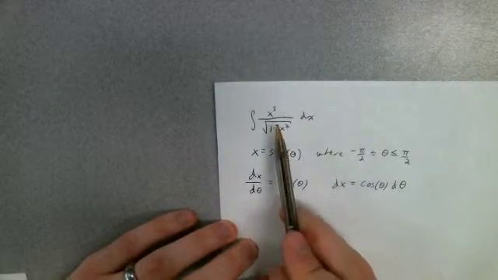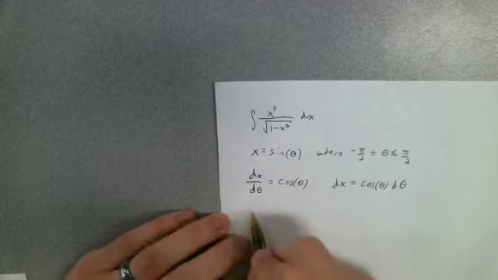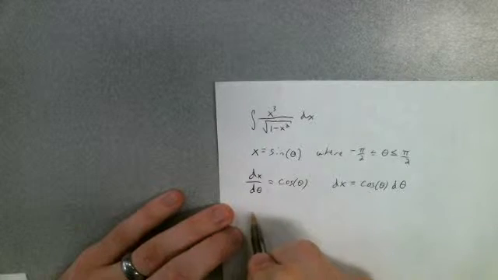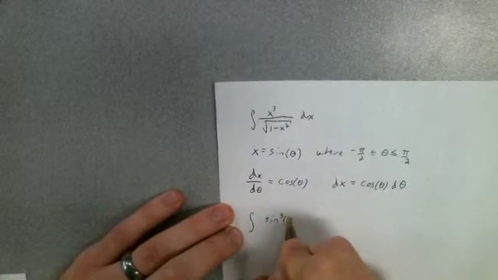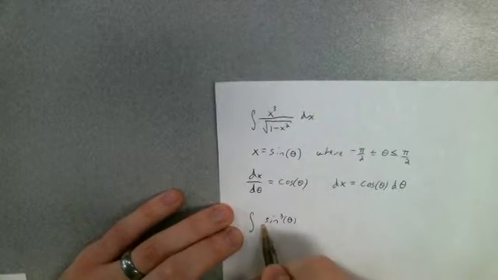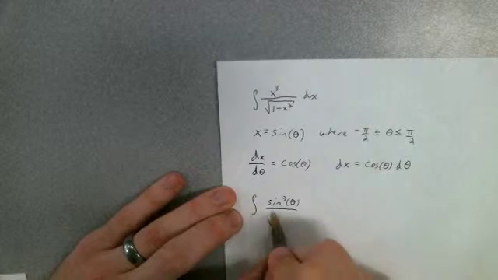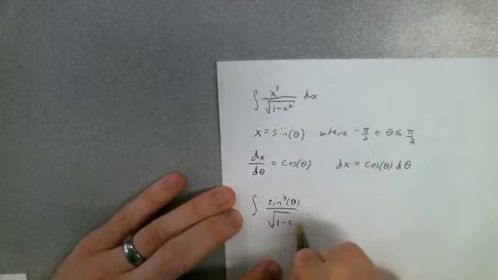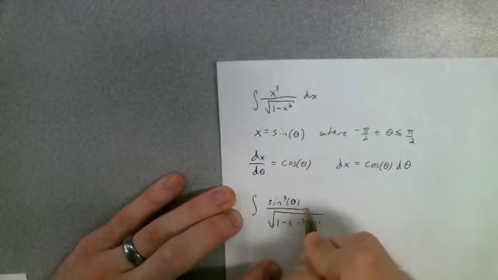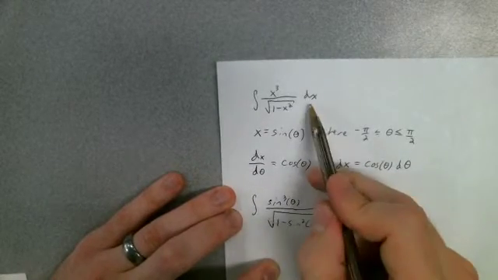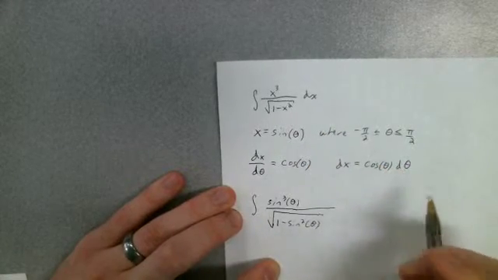So I'm going to go back in my integral here, and I'm going to replace x with sine of theta. So that's going to become sine cubed of theta. On the bottom here, I'm replacing x with sine of theta, so I'll have 1 minus sine squared of theta. And then dx, I've got to be careful. dx I'm changing to cosine of theta d theta.